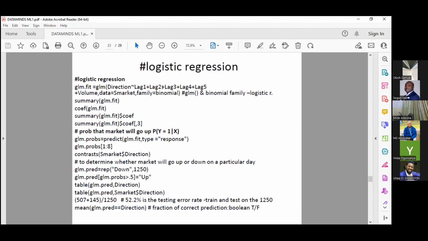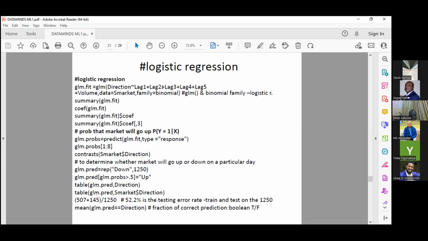Now down to logistic regression. In logistic regression, we have to use the generalized linear model, unlike OLS, the linear regression. To fit linear regression, the function is lm. But for logistic regression, the applicable function is glm, and we also declare the family to be binomial.